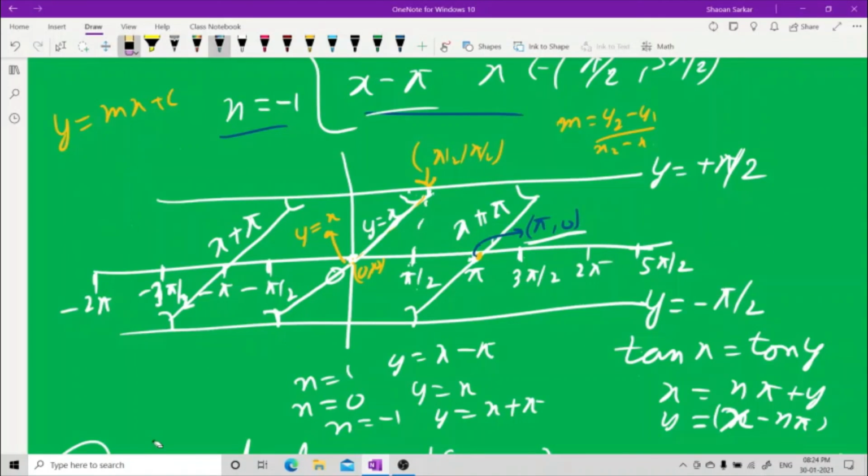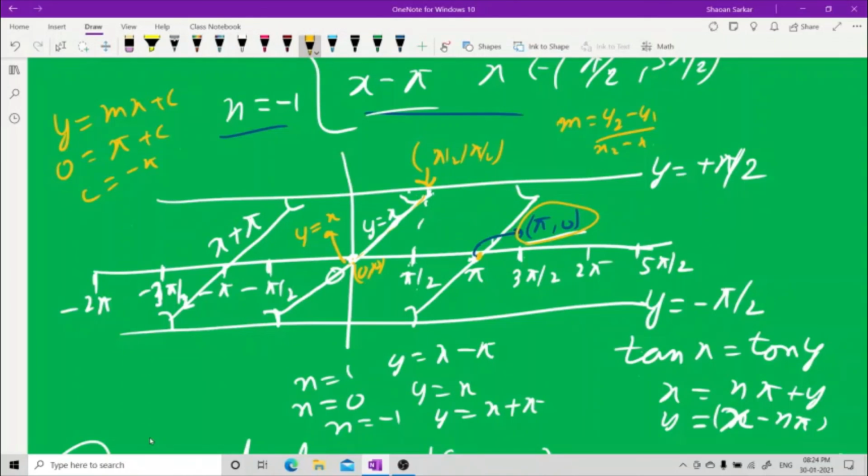Now see what happens. For this, the point is pi comma 0. Put 0 for y and pi for x, so 0 equals pi plus c, so c has to be minus pi. So the equation of this part is y equals x minus pi. Sorry, by mistake I wrote it wrong, that's why I did it again.